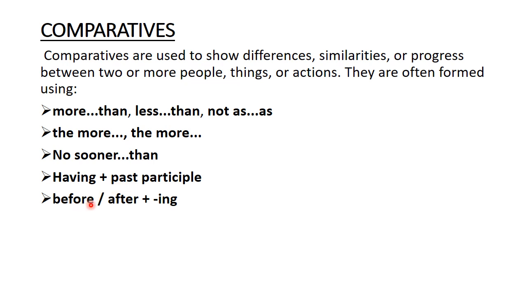The other one is before or after, then a verb that has ing. After eating, before kicking, after laughing. So these are used to show comparison in terms of time, in terms of which one happened first and then what happened next.